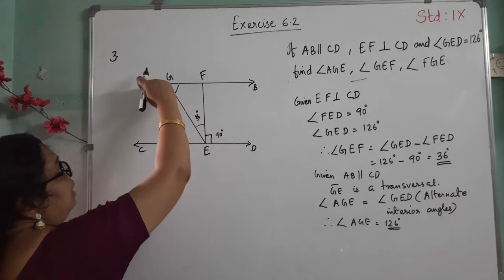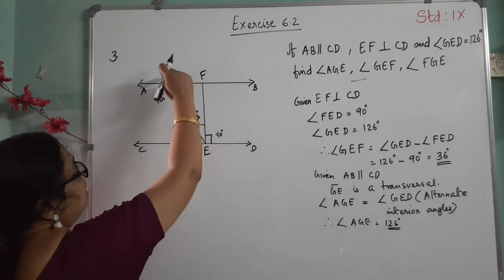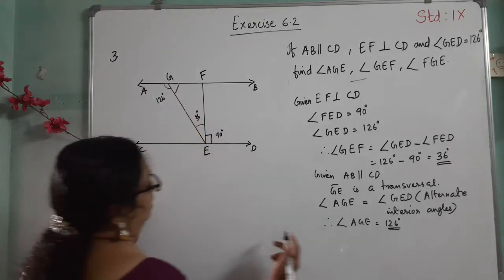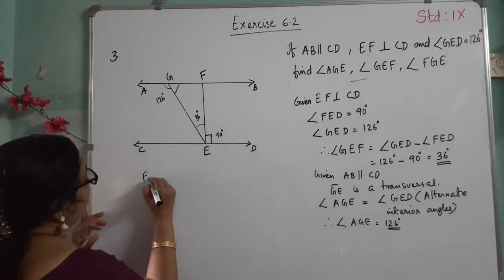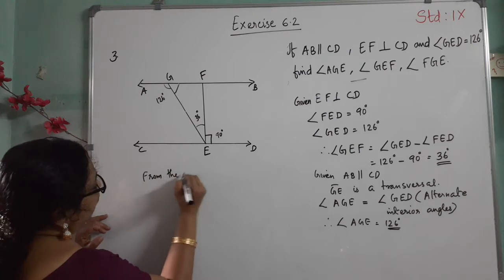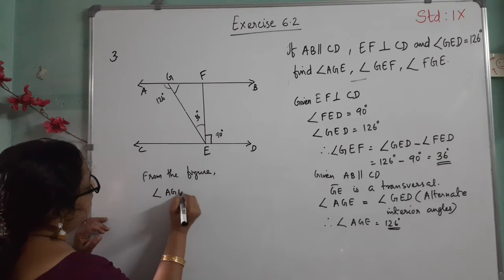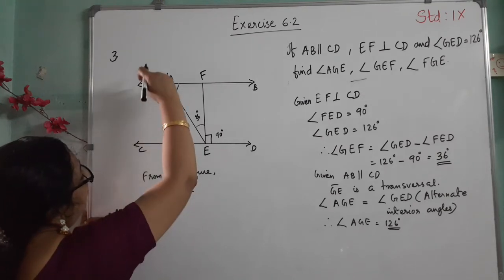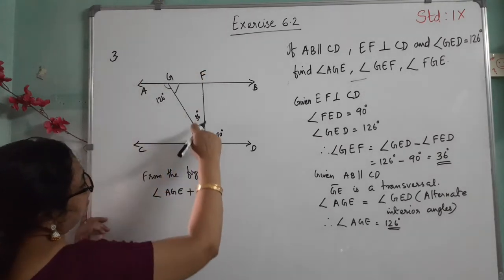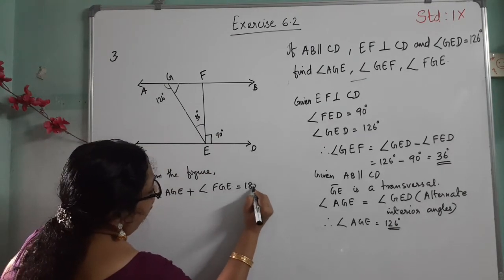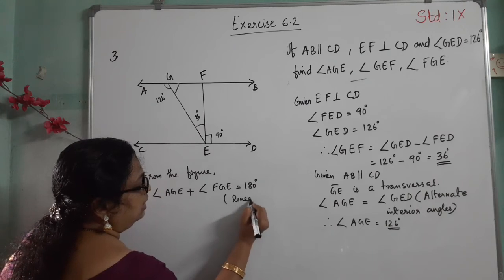Then looking at this figure, AGE plus FGE, these two form a linear pair. So from the figure, angle AGE plus angle FGE equals 180 degrees, linear pair.